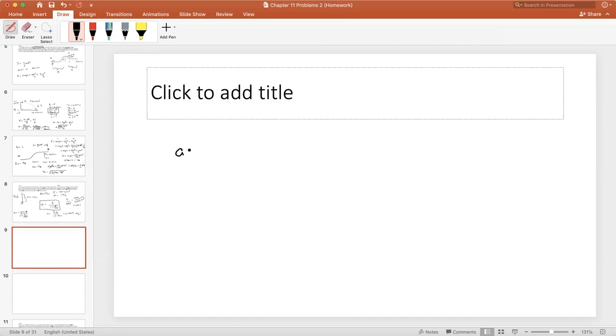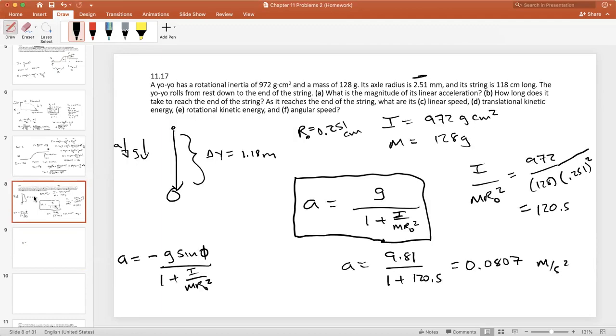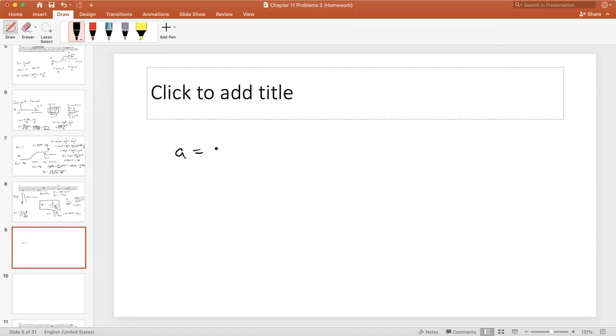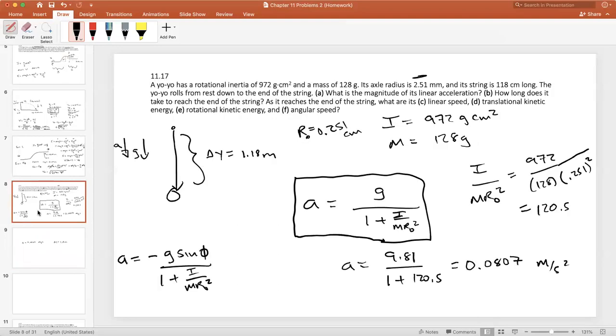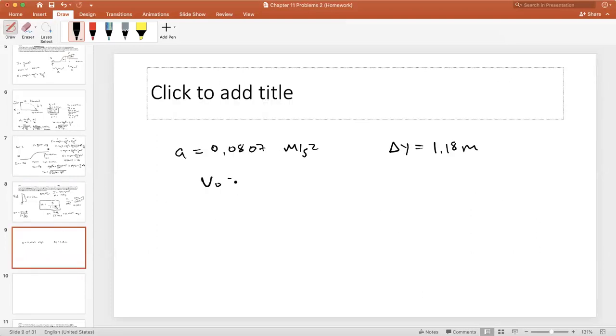So if we have A is 0.0807 meters per second squared, and we know how far it's going to travel. Remember, this is down, which is a positive distance of 1.18 meters. And we want time, okay? One thing I should have noted, and I didn't, was it starts from rest, so our initial velocity is 0.